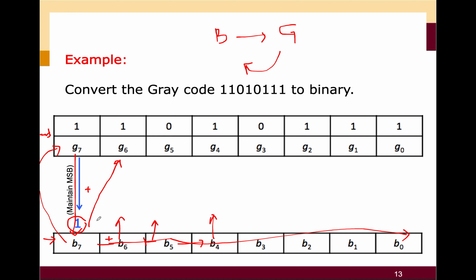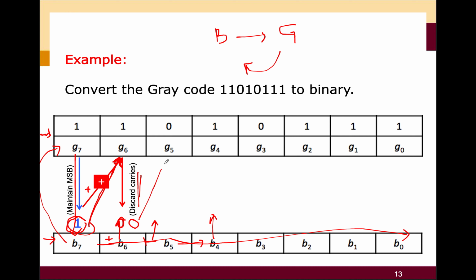That's why you need to add the binary value to the given gray code, starting from the MSB that is already given. So 1 plus 1, similar to the scenario with binary to gray, you discard the carry, and you get the output of 0.